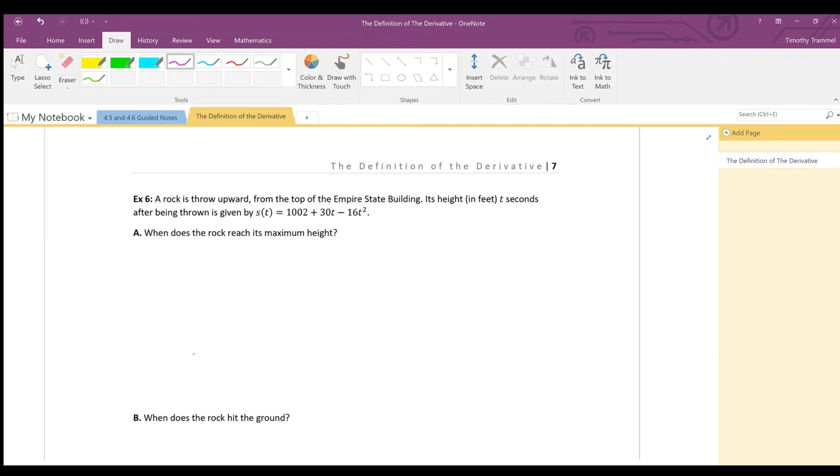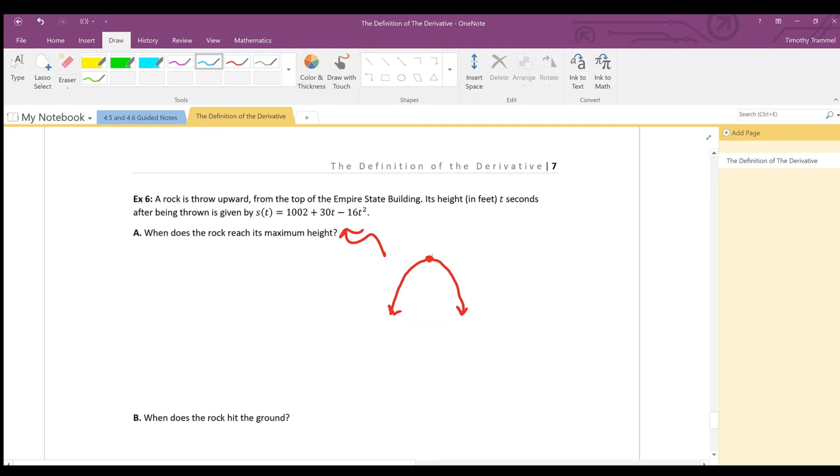And the first part of this asks us, when does the rock reach its maximum height? So first of all, this thing right here is a downward facing parabola. So it's going to reach its maximum height up here.